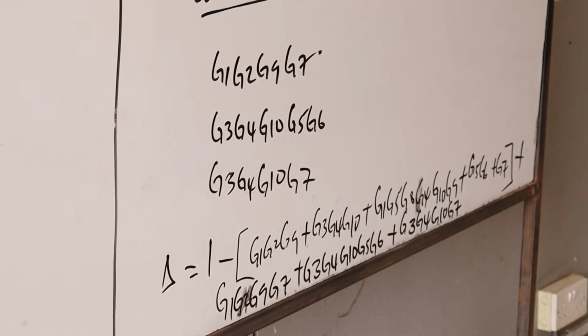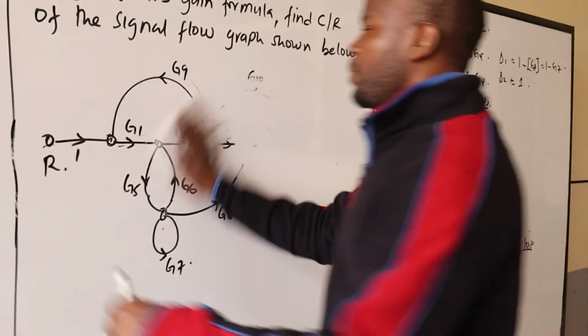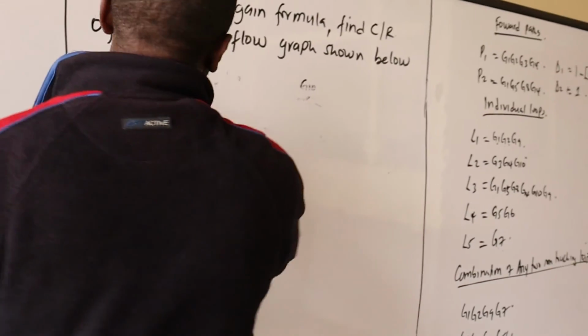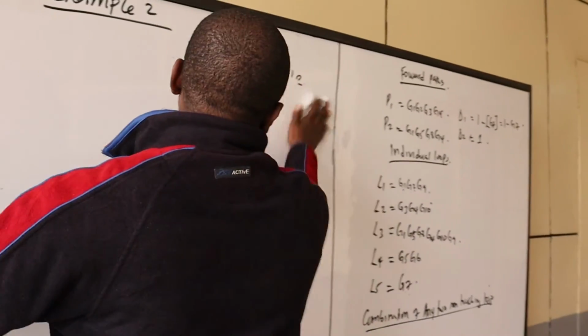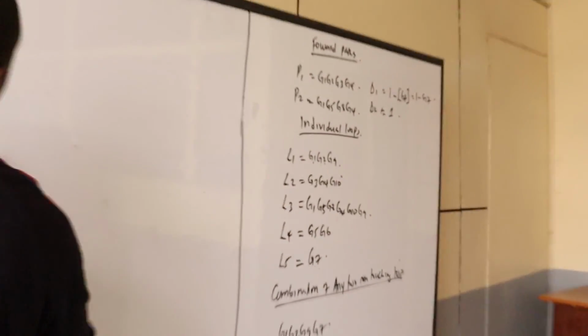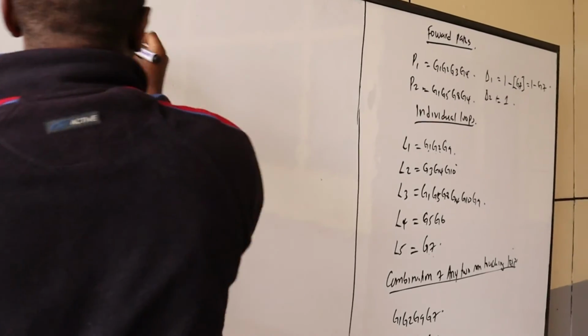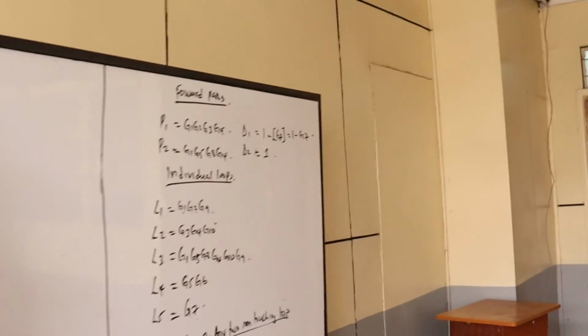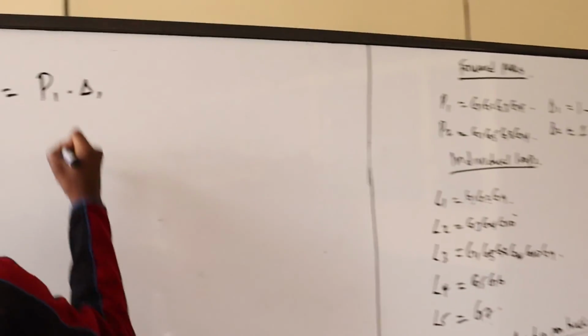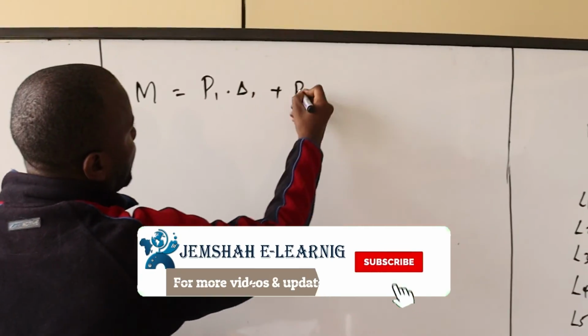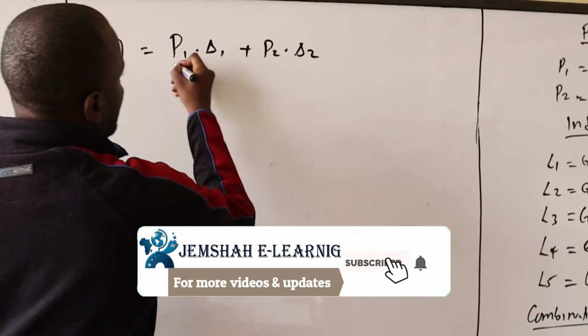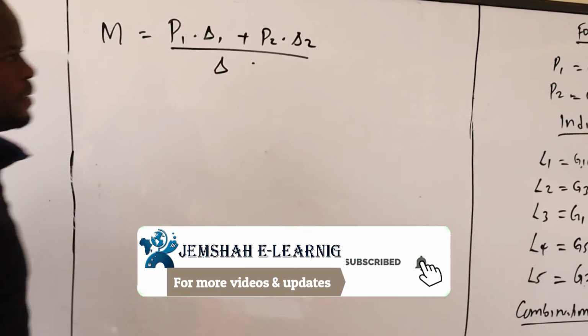Then from there, we are ready to write our transfer function. We can now write our transfer function because we know that our M is going to be, we have two paths. The first path times its respective determinant plus the second path times its respective determinant, all over the overall determinant.